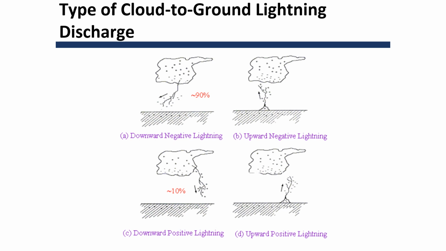Negative lightning is almost 90%, and 10% is positive lightning. Although positive lightning is only 10%, if it occurs, its impact gives more damage compared to negative lightning.